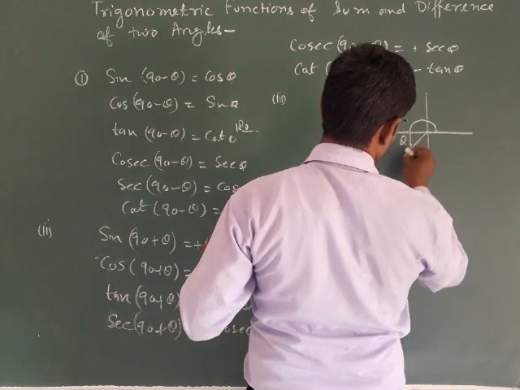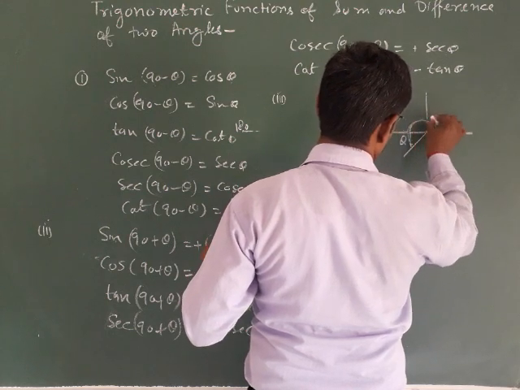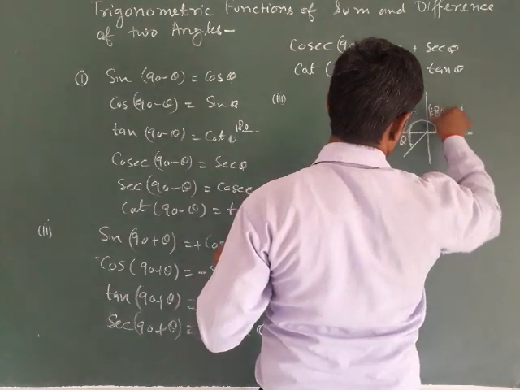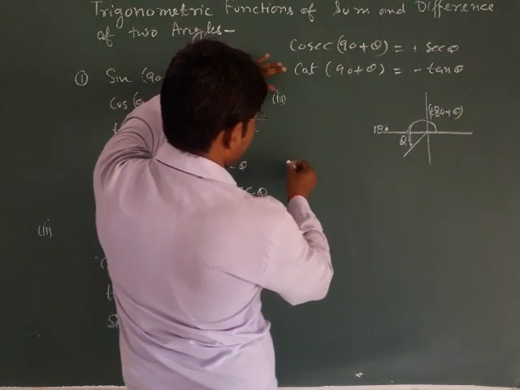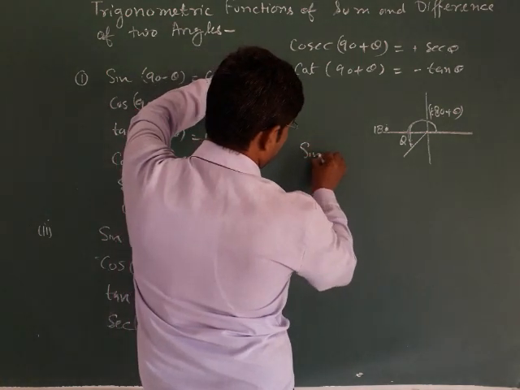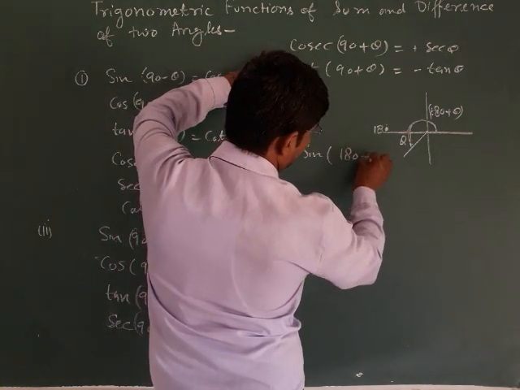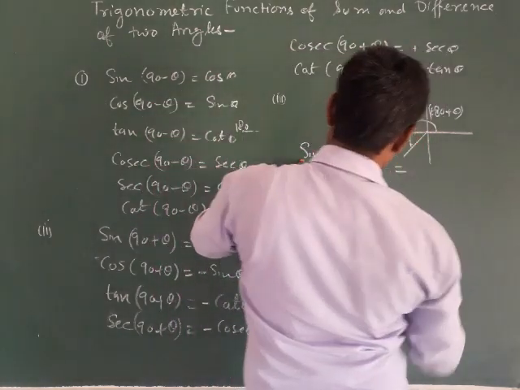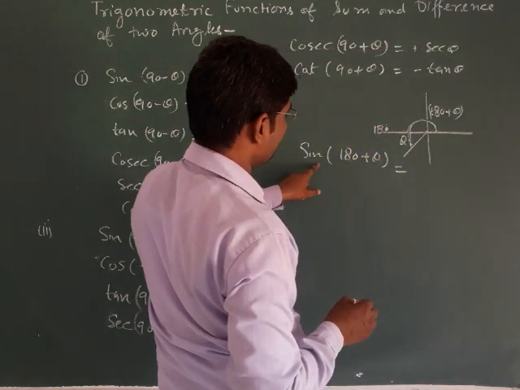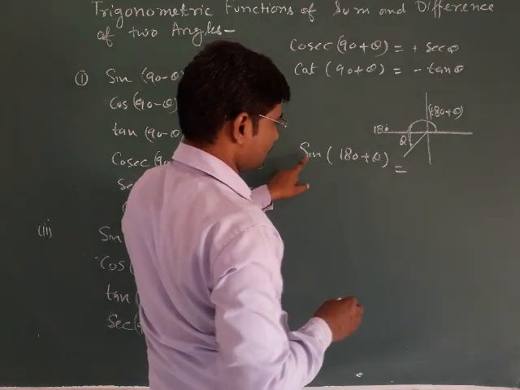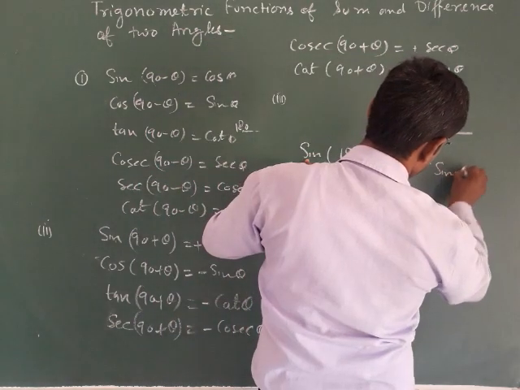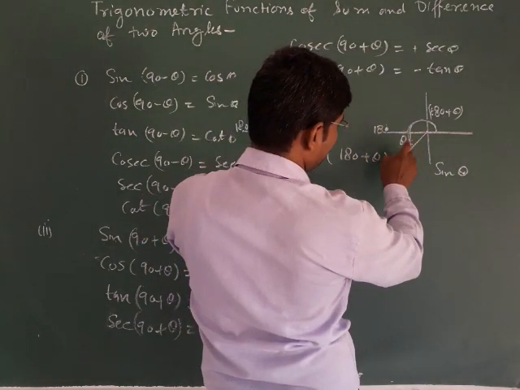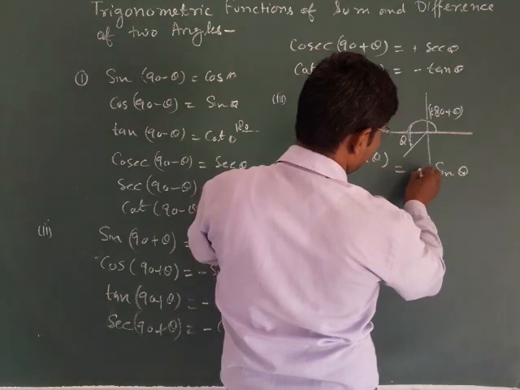So the total angle is 180 plus theta. Sine of 180 plus theta is equal to sine theta, since at 180 there is no change of ratio. The value of sine in the third quadrant is negative.